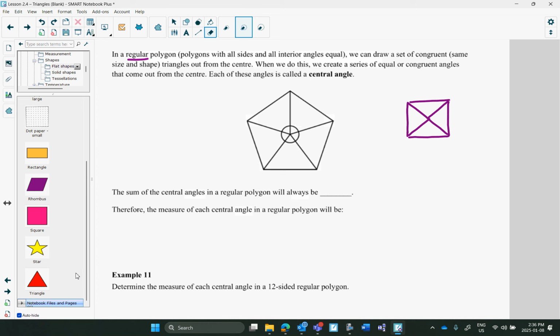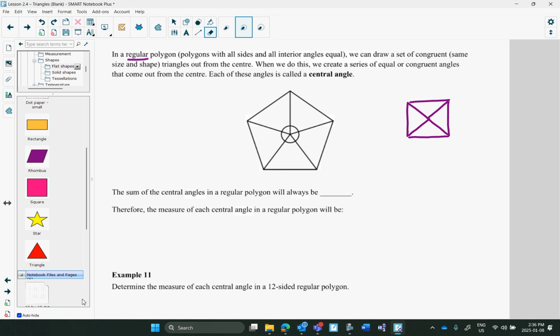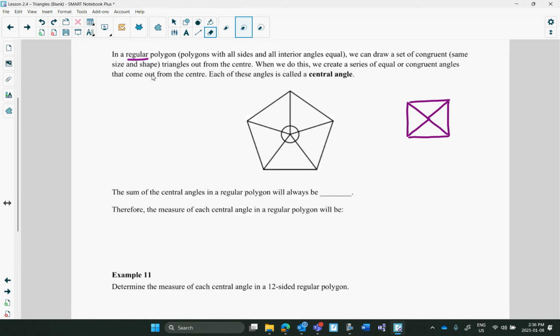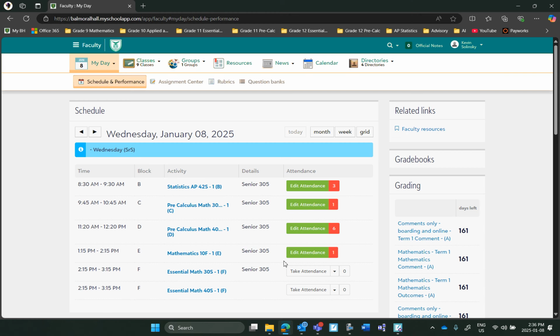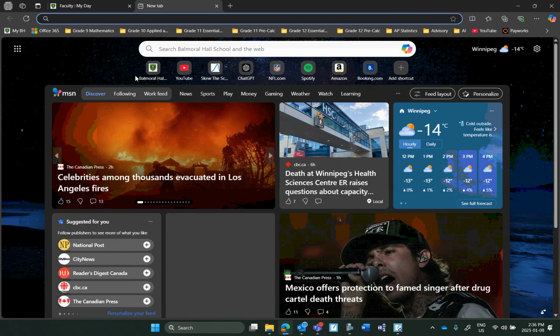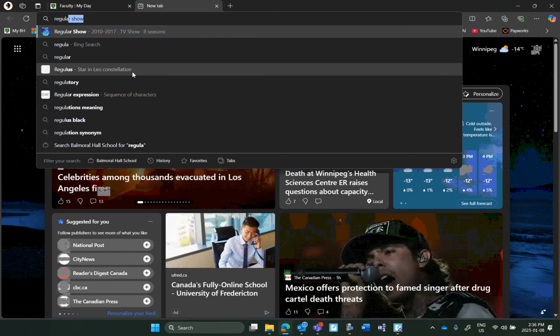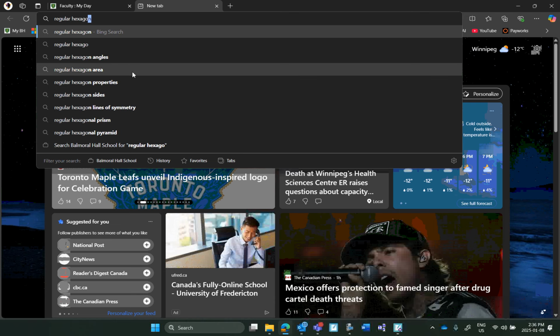No, it won't show me one. What am I doing wrong? Okay, I'll have to Google it up. Why do I feel like I'm confusing it with an octagon?